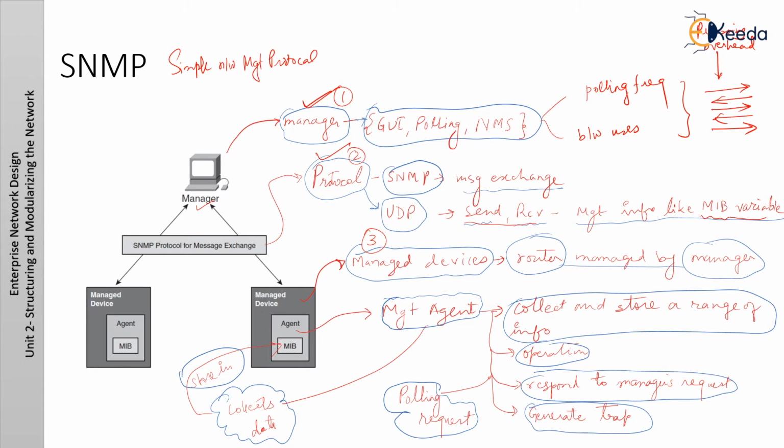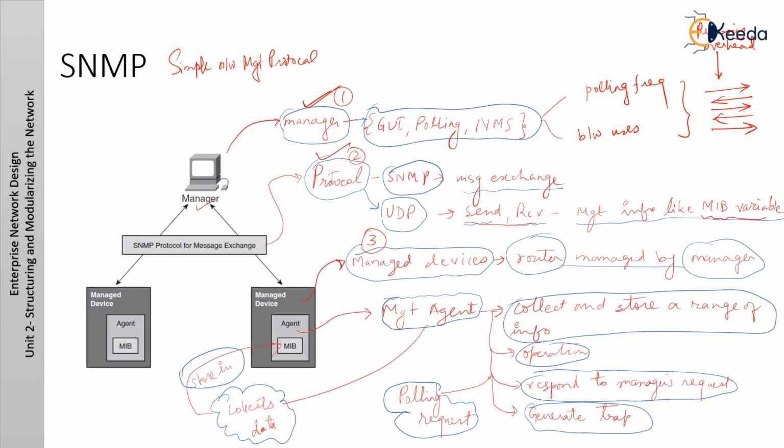Next is the management agent. The SNMP management agent resides on managed devices to collect and store a range of information about the device and its operation, respond to managers' requests, and generate traps to inform the manager about certain events.